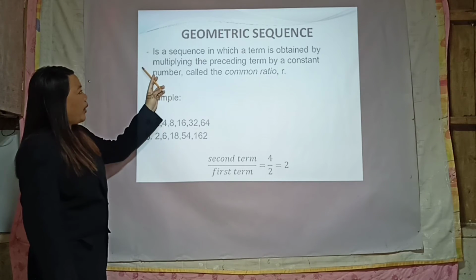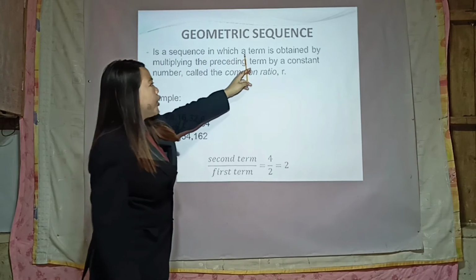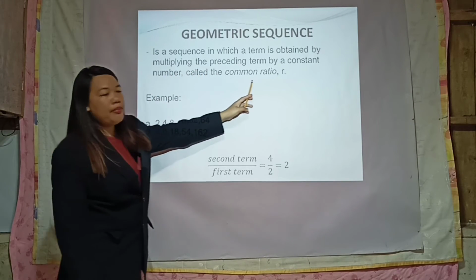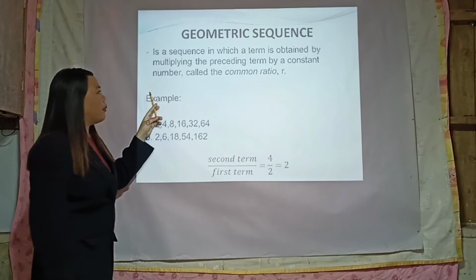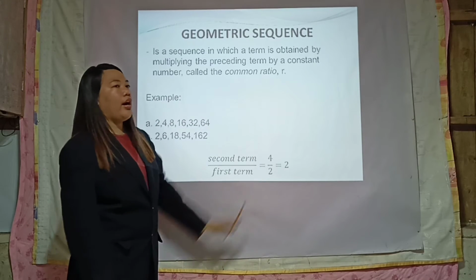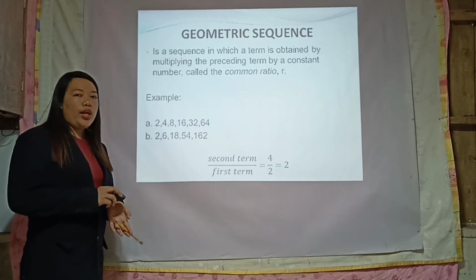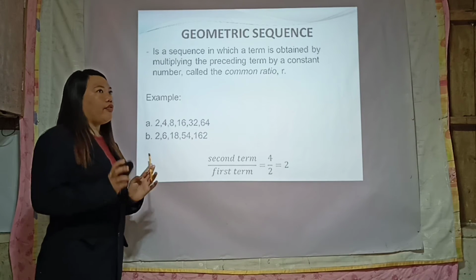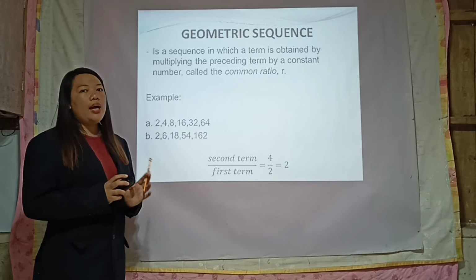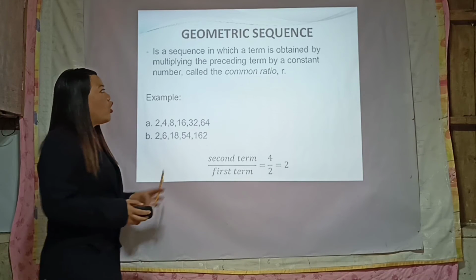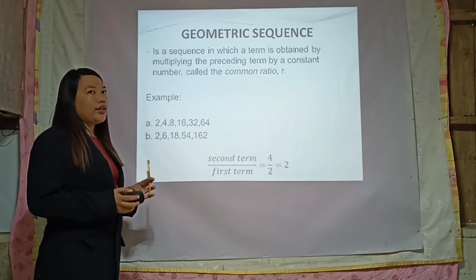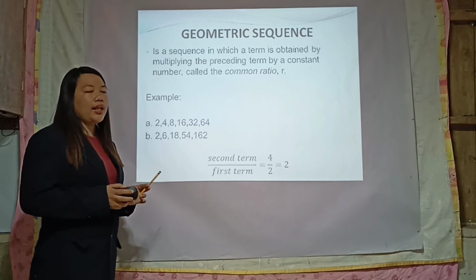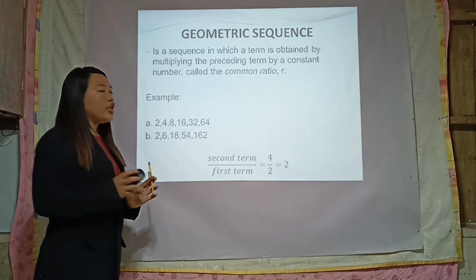So geometric sequence is a sequence in which a term is obtained by multiplying the preceding term by a constant number called the common ratio or r. So, in arithmetic sequence, it is adding the common difference to the first term. And in order to get the common difference, we subtract the first term from the second term and so on.